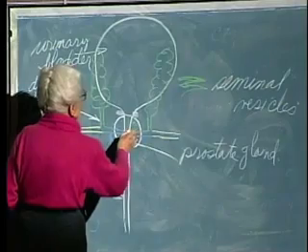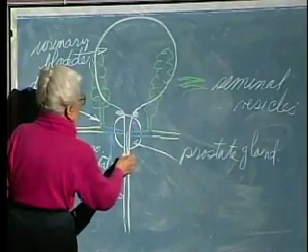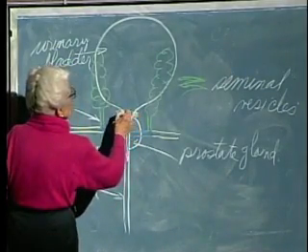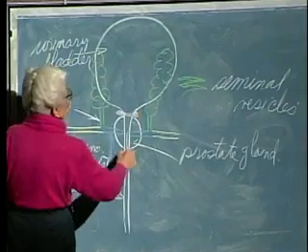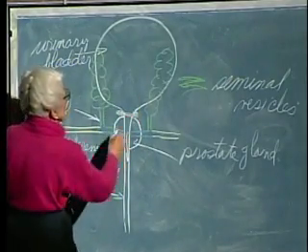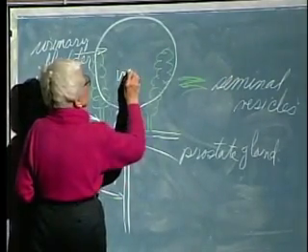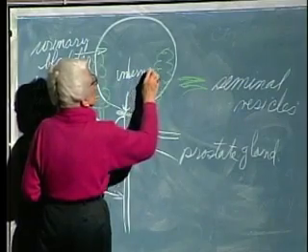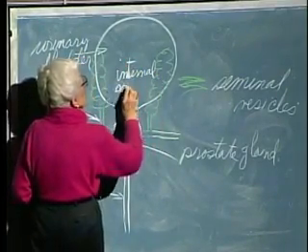So when sperm are coming in here, this sphincter closes off and won't allow urine to go in. So this is the internal sphincter.